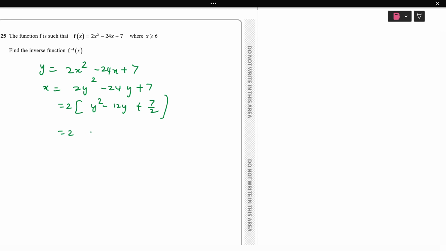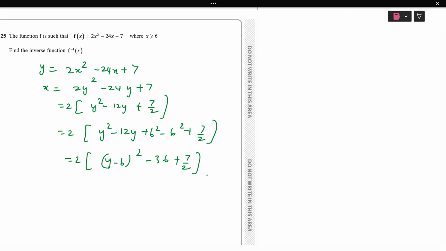Now the completing the square process: y square minus 12y plus 6 square minus 6 square plus 7 by 2, which is 2 into y minus 6 whole square minus 36 plus 7 by 2, which is 2 into y minus 6 whole square minus 72 plus 7 over 2, which is negative 65 over 2.